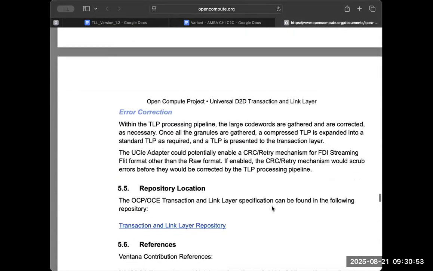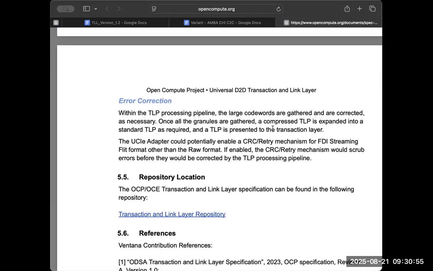And then we talk a little bit about error correction here. We're using the raw format because we think it will always bypass the CRC retry mechanism. And so we rely on the forward error correction, the SECDED type encoding we have in the stream.